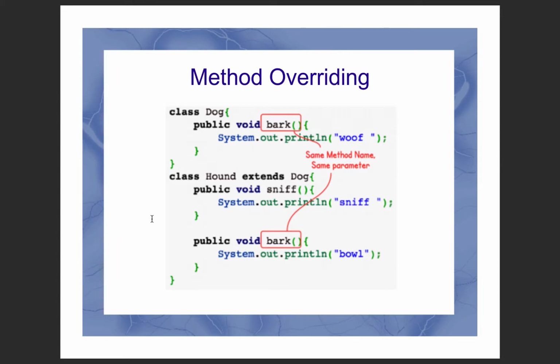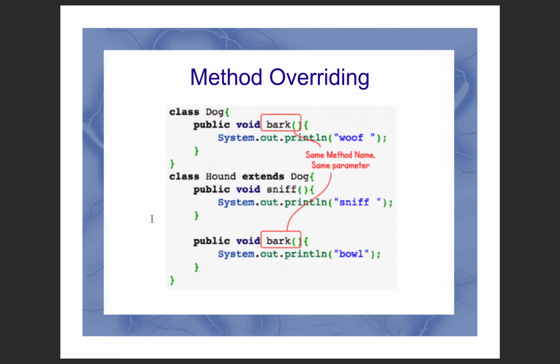Let's see one example. Say we have a class called Dog. In the Dog class we have a method called bark. In bark you can see that it prints some string. Now we created a subclass using the extends keyword that adopted all the characteristics from Dog. This subclass has an additional method called sniff, and it also has the bark method which is adopted from the superclass.